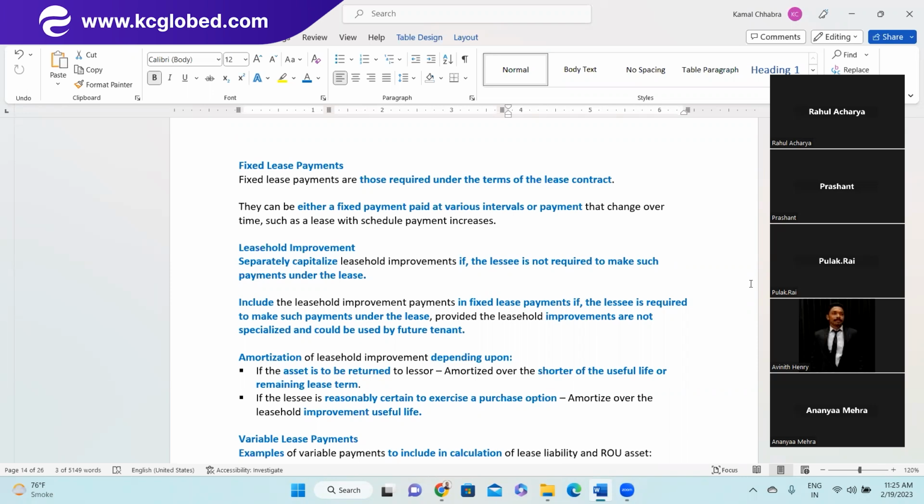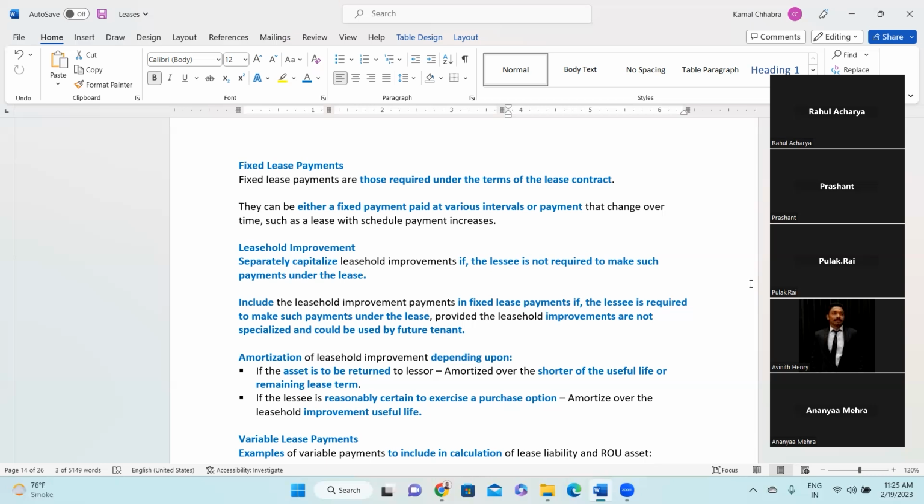They have standard but good furnishing, in which any company can just put their signboards and immediately start using it. In that scenario, the leasehold improvement is an asset in the books of the lessor. Make sense? Are you guys with me?